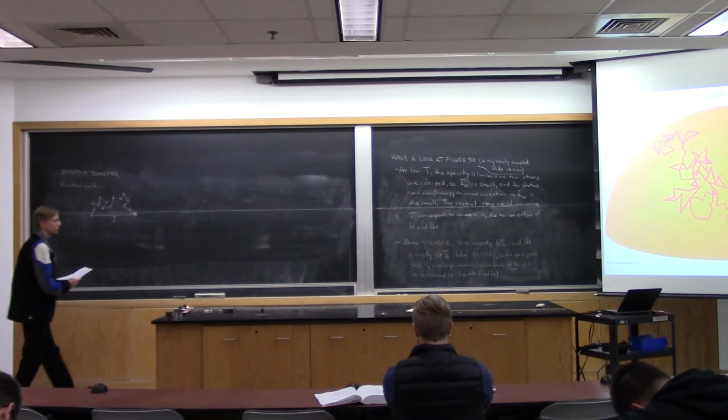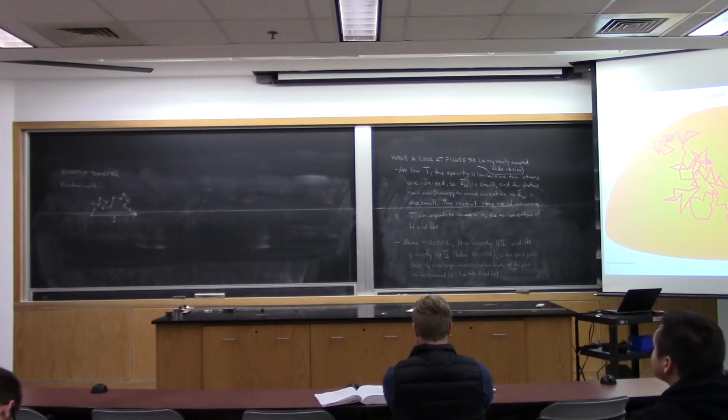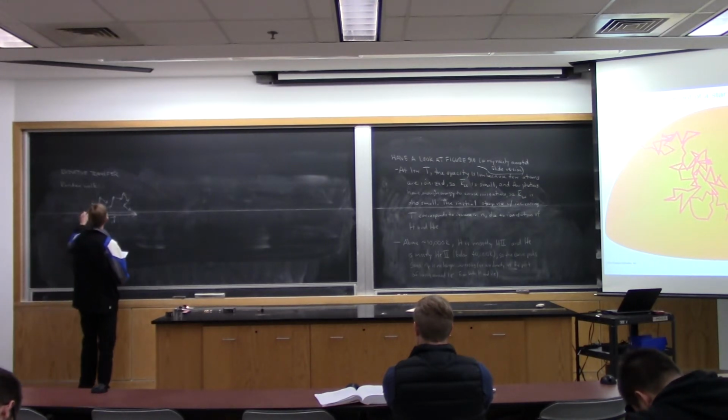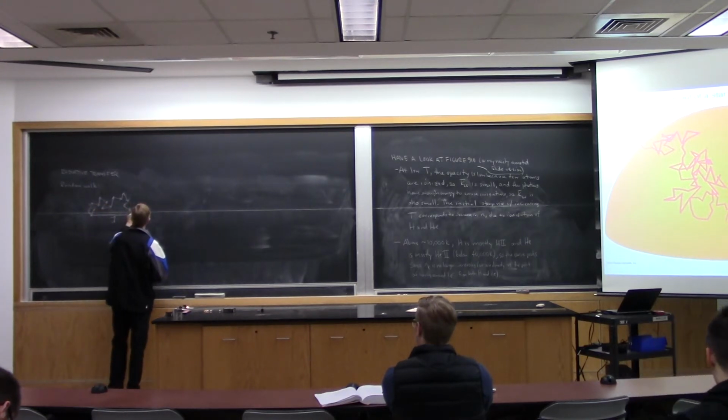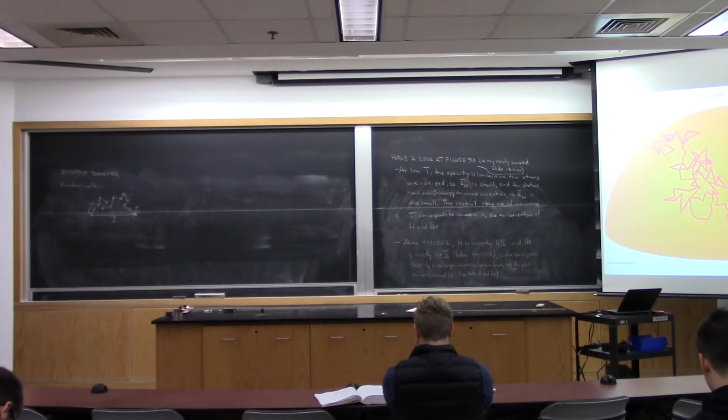There's D, the total displacement from the start to the end, and a bunch of random steps along the way. We're going to label the random steps vector L1, vector L2, etc. Vector L sub capital N is the last step.